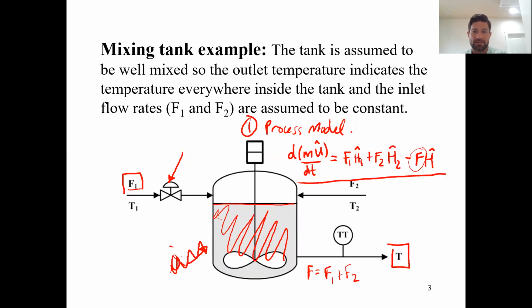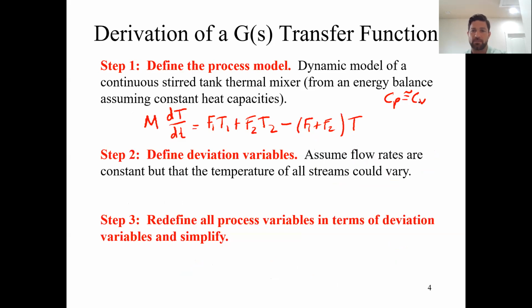This looks remarkably similar to this, but that's only because we don't have any extra terms. If we had a heater on here, the heater would be divided by at least the heat capacity term.